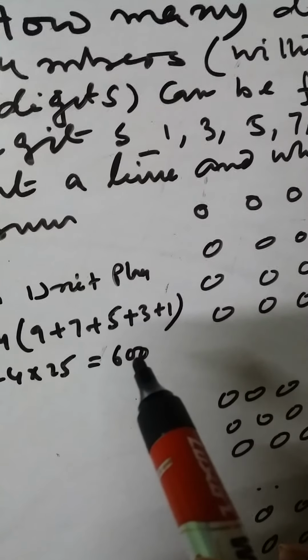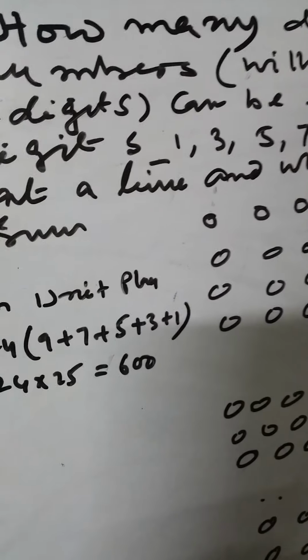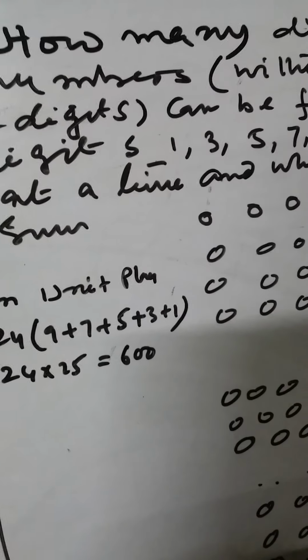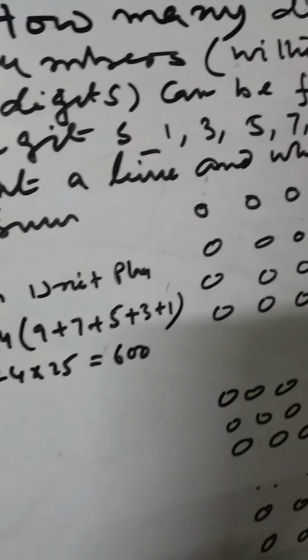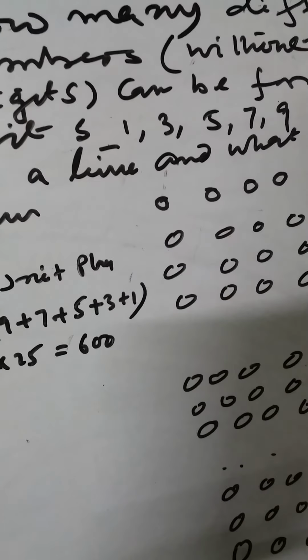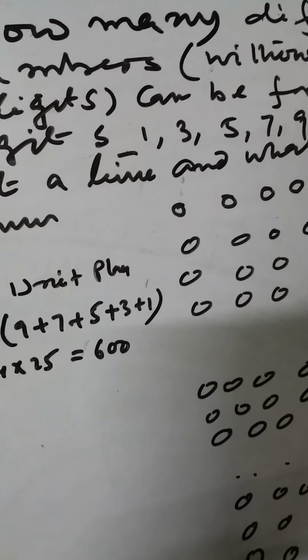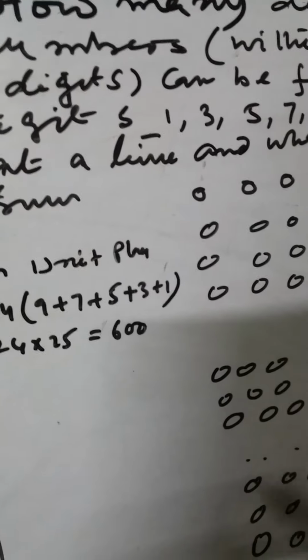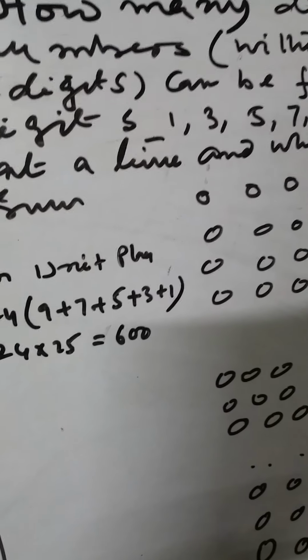Hence in the unit place the summation of the numbers is 600. In the tens place the summation is 600. In the thousands place the summation is 600, and in the ten-thousands place the sum is 600.